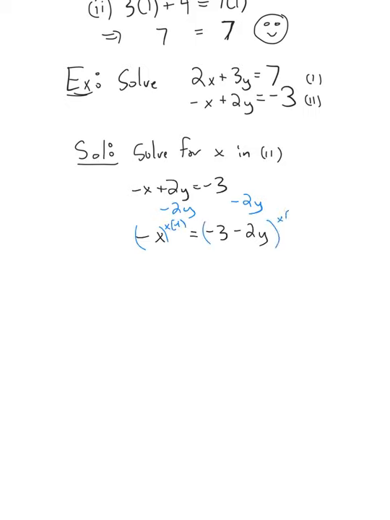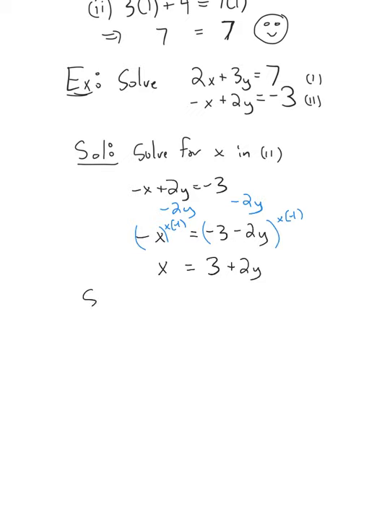And remember, I have to multiply everything by negative 1. Or you could think of it as dividing by negative 1. Same thing happens. So negative x times negative 1 is, of course, x. Negative 3 times negative 1 is positive 3. And negative 2y times negative 1 is positive 2y. So we rearranged equation 2 to solve for x.